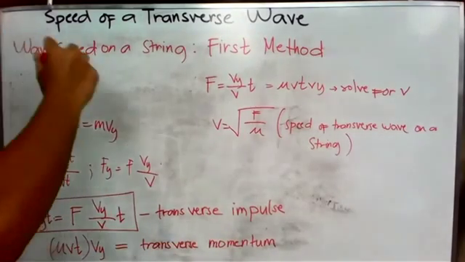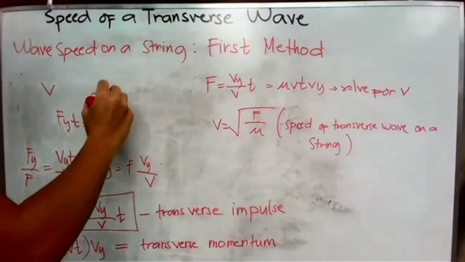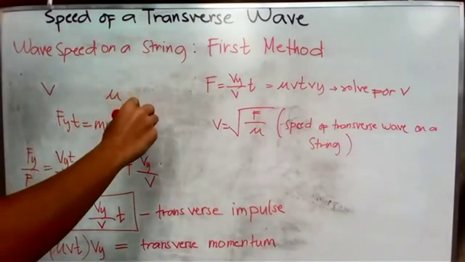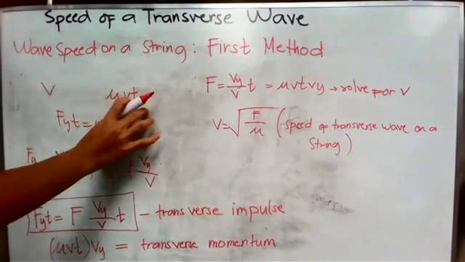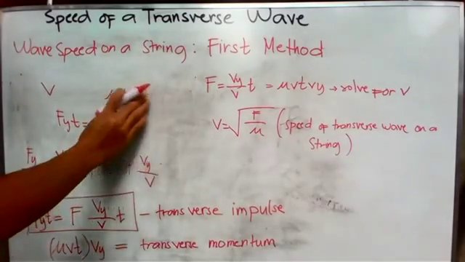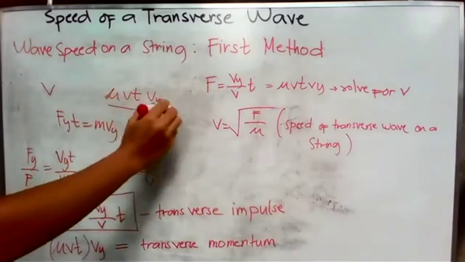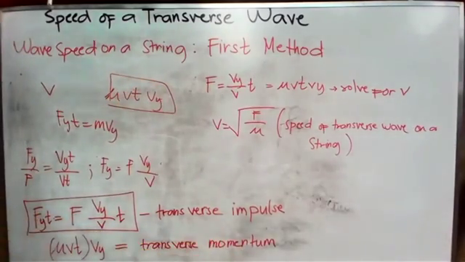So the mass of the moving portion of the string is the product of mass per unit length and the length vt. This transverse momentum is the product of mass and the transverse velocity Vy. So this is what we call the transverse momentum.